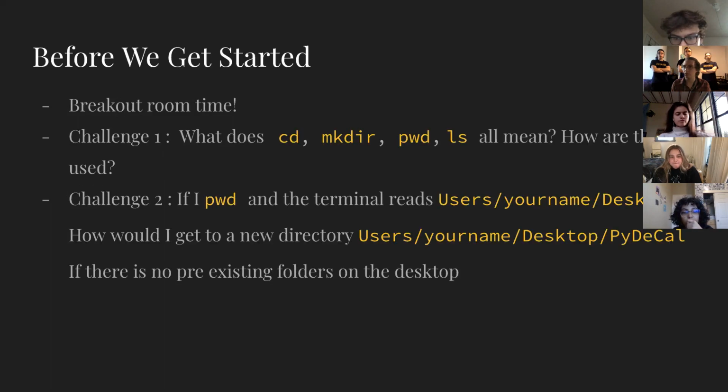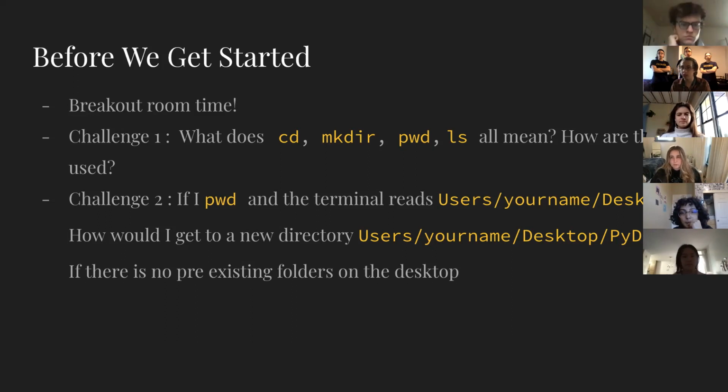Before we get started, it's breakout room time. Something we like to do is make sure that you retain at least some bit of knowledge from last time we met on Monday. We have 2 challenges for you, and we're going to make 2 breakout rooms since there are only so many people in the DeCal anyway. The first challenge: tell me what cd, mkdir, pwd, and ls all mean, and how do you use them?